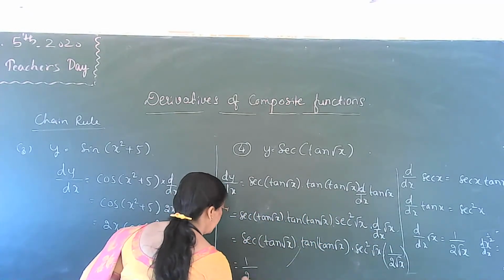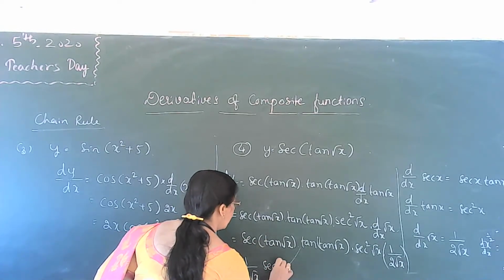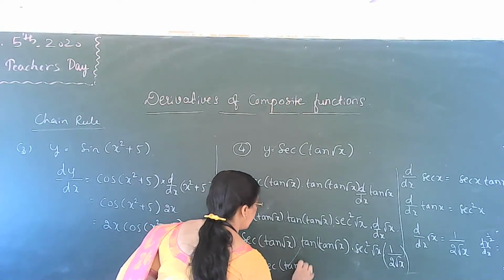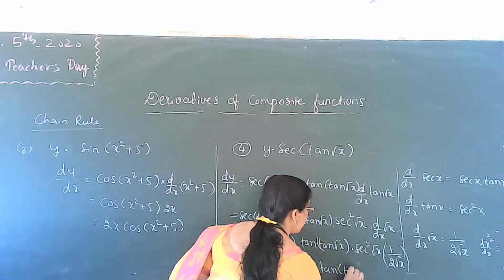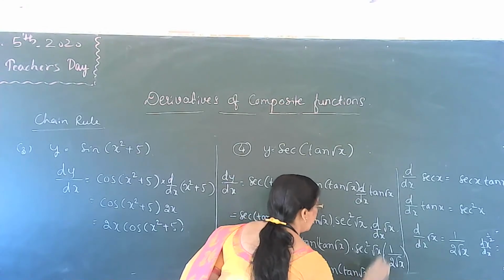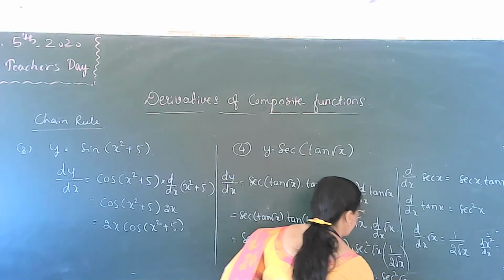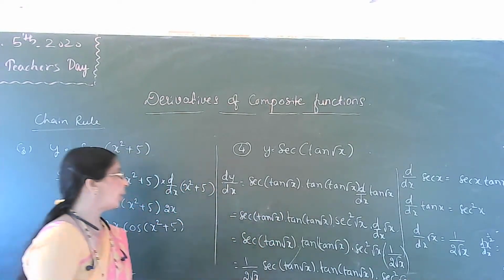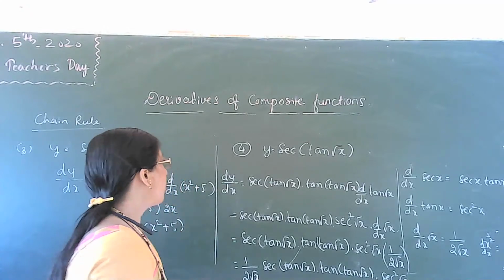First, you write 1 by 2 root x, then sec of tan root x into tan of tan root x into secant square root x, which is the derivative of the function y is equal to sec of tan root x.